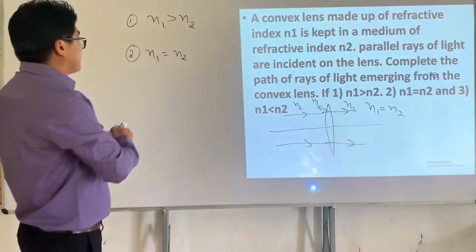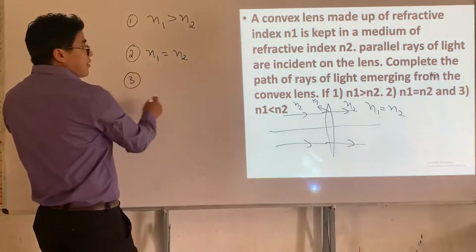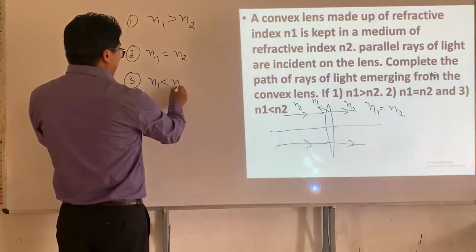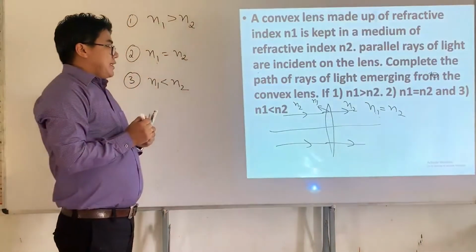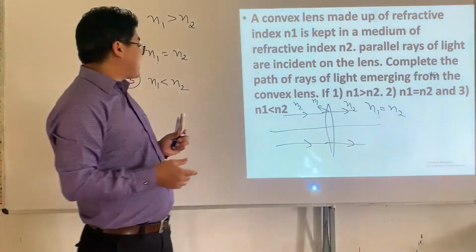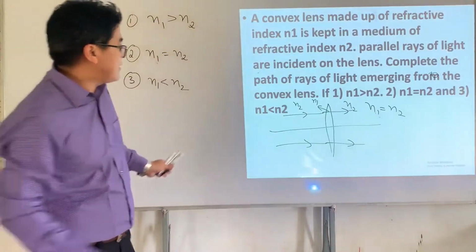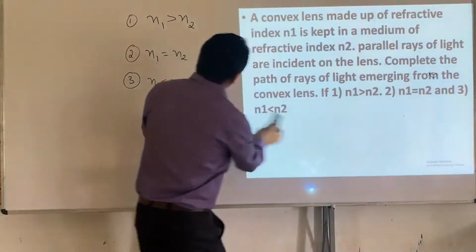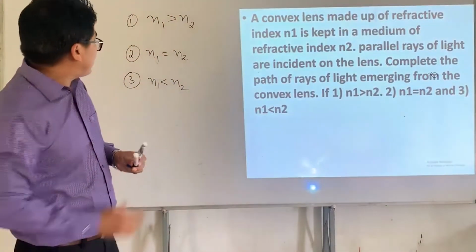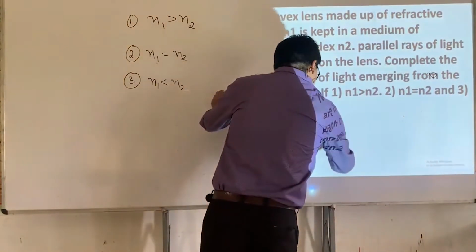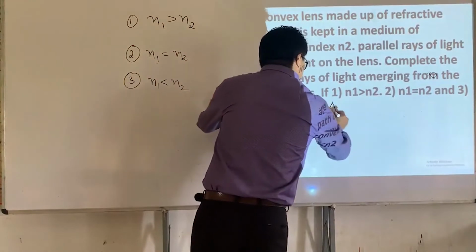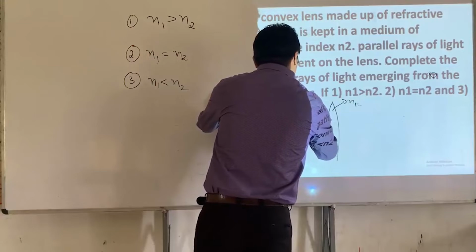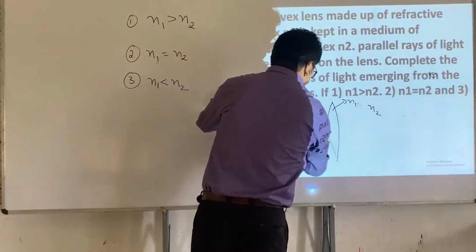And the third case tells you, what about if N1 is less than N2? Then you have just the opposite of the first case. The first case is converging, then the third case is going to be diverging. Look here. This is N2, N1, I'm sorry, N2, N2.